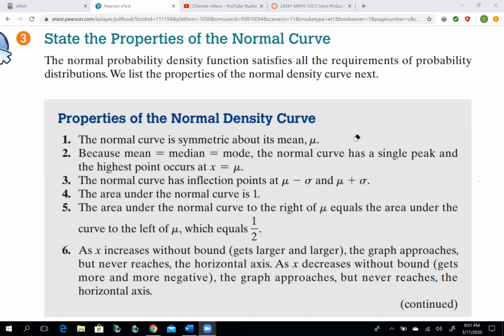And again, guys, because it's symmetric and the area under the curve is 1, the half is the half. So again, guys, let me show it to you again here.